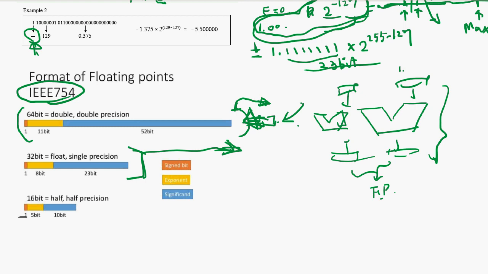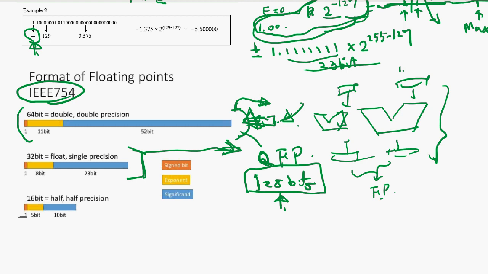So 64-bit, not sure. Nowadays, for astronomy, they require even larger numbers. So it can be quadruple precision floating point, which is 128 bits. And I've never seen anybody make this hardware. It's done by software.